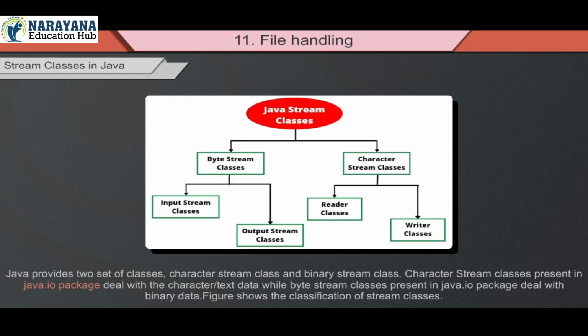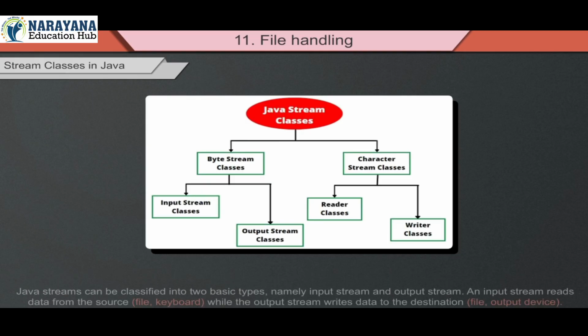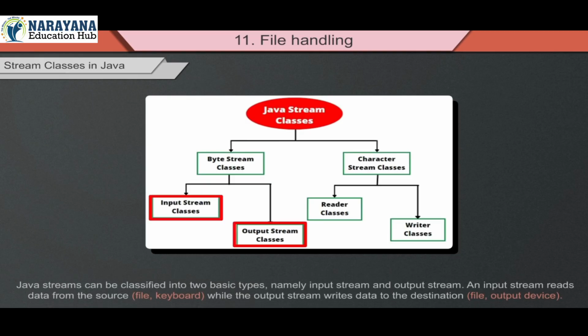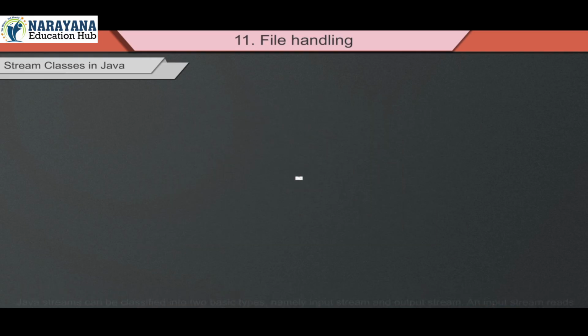The figure shows the classification of stream classes. Java streams can be classified into two basic types, namely input stream and output stream. An input stream reads data from the source, that is, file or keyboard, while the output stream writes data to the destination, that is, file or output device.